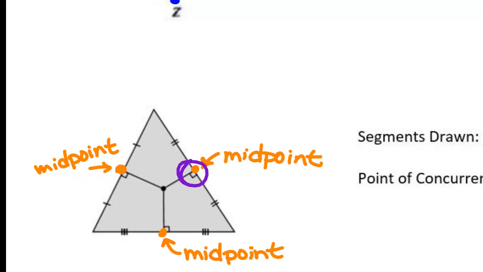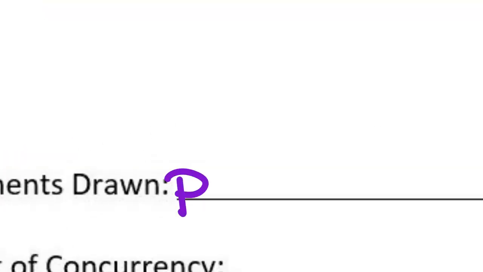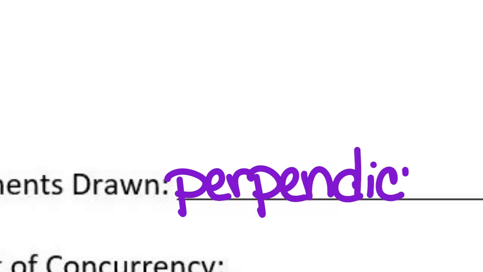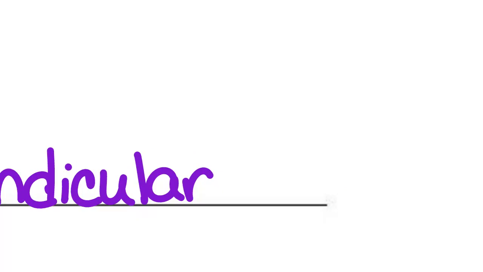There's something else that I notice here. Yasmin, what are you saying? Perpendicular bisectors. They make right angles. Another word that talks about where right angles happen is perpendicular. Perpendicular lines make right angles. So these are perpendicular bisectors.